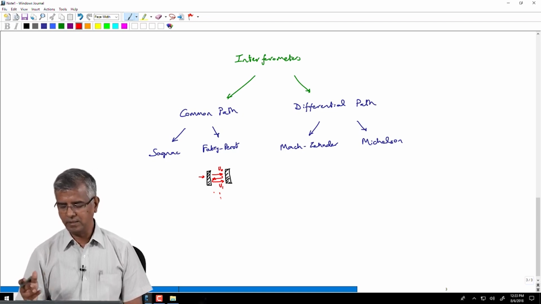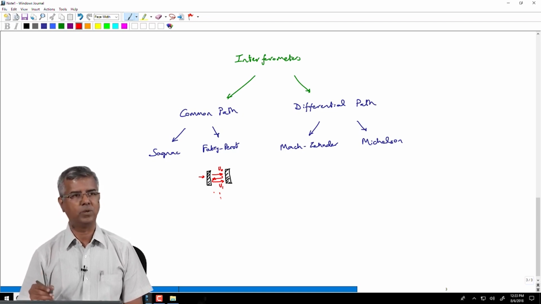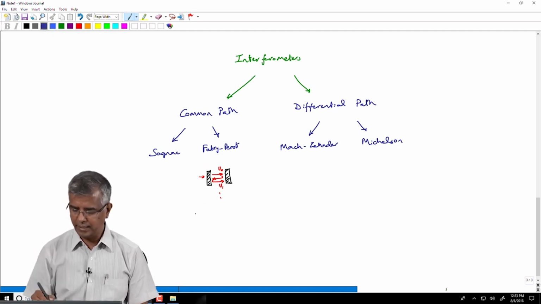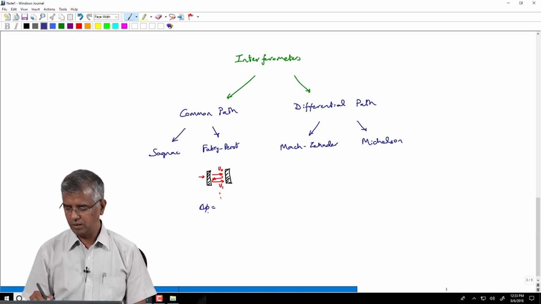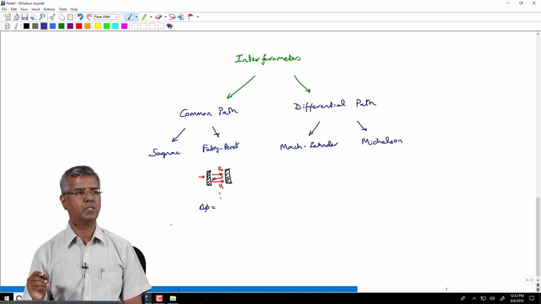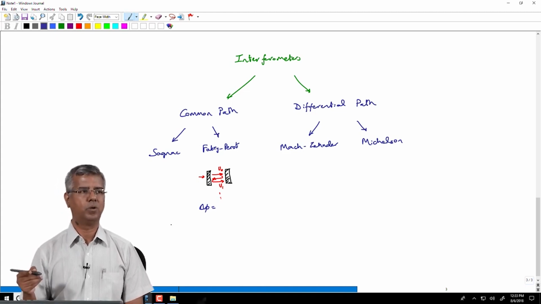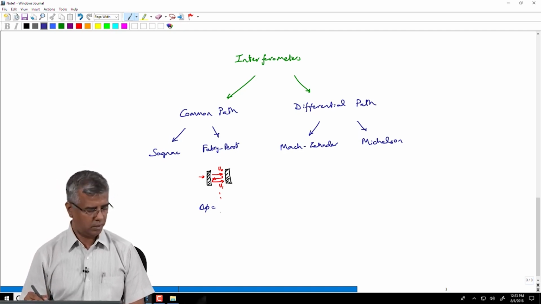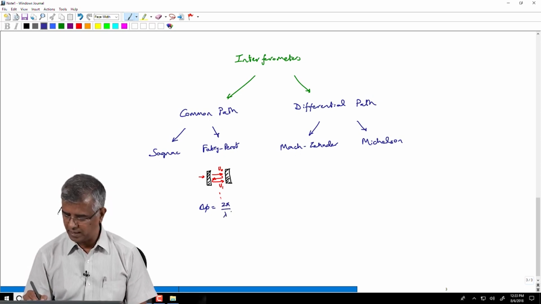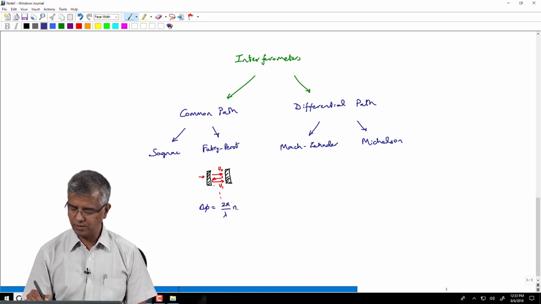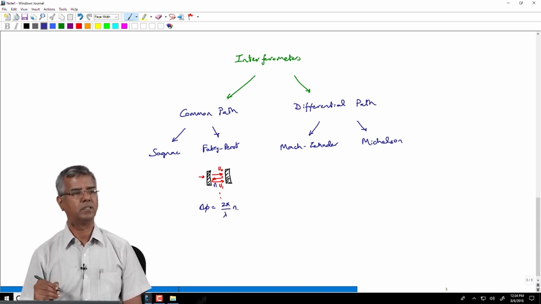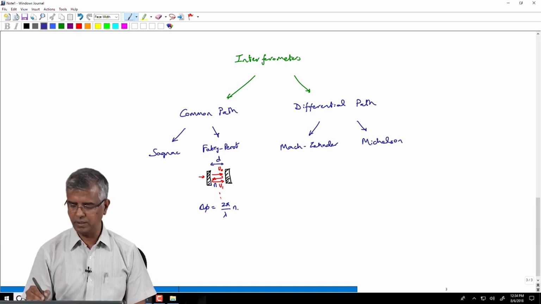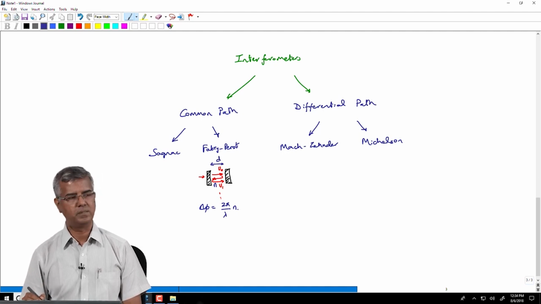And in this case, it is easy to analyze what is happening in the structure. Delta phi corresponds to the phase difference between two successive bounces, the two successive waves, and is going to be given by 2 pi over lambda multiplied by n, if you say this medium in between is characterized by a refractive index n, and let us say the space between the two mirrors is d.